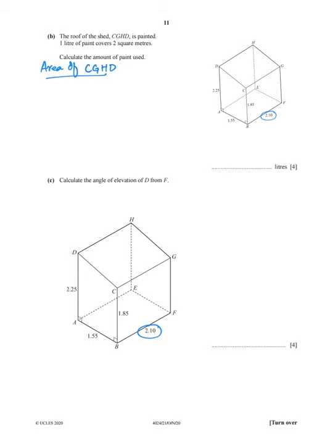For that, first I will draw the line from C to this point, right? So that is a 90-degree angle, and the length from D to this point will be 2.25 minus 1.85. Alright, 2.25 minus 1.85 leads to 0.4. So that is the length 0.4, and we have the value of the base, that is 1.55.